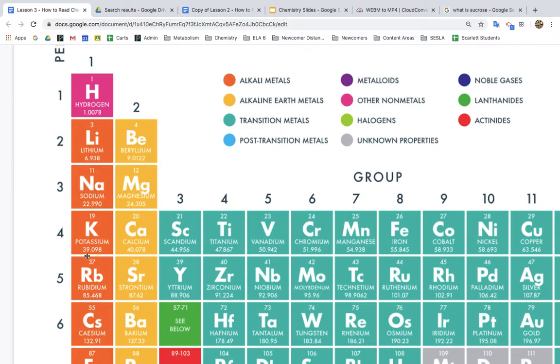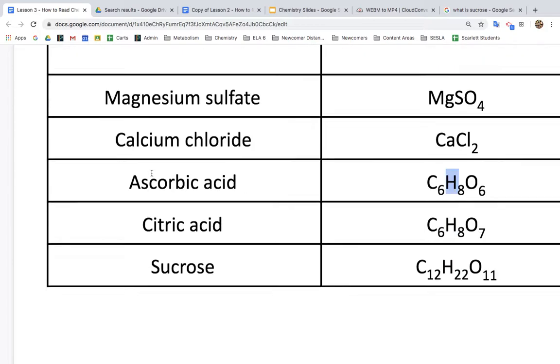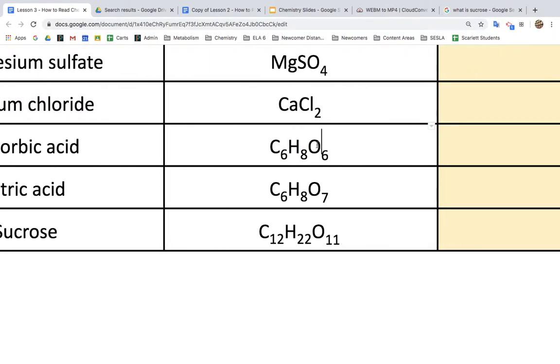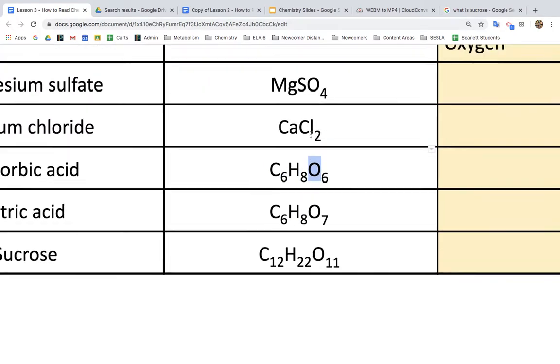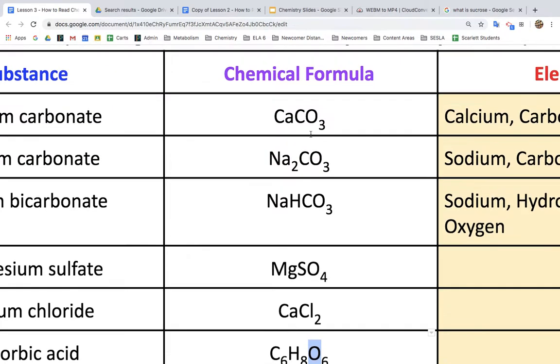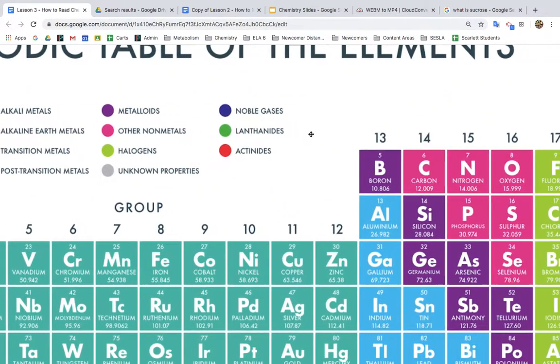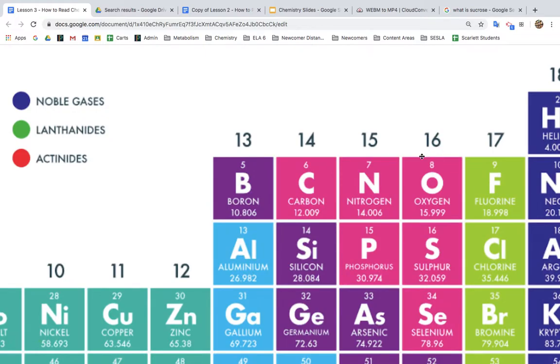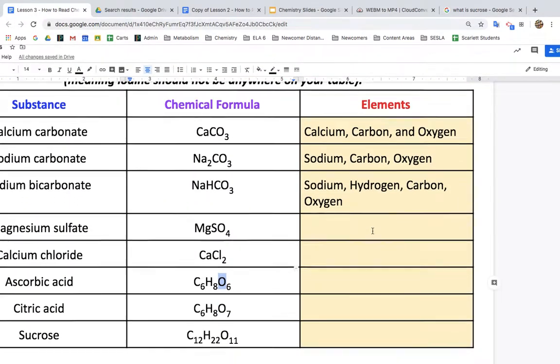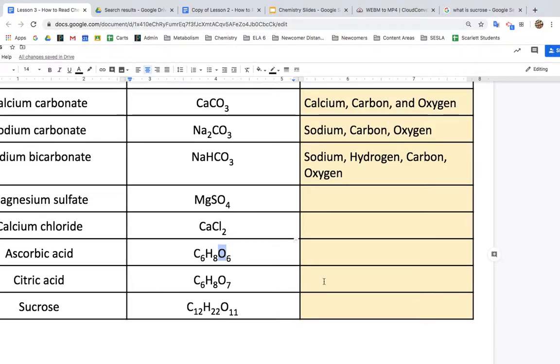It's somewhere over here. And then O. By now, you're probably remembering every time you see capital O with nothing stuck together, it's oxygen. Go ahead and complete the last two on your own.